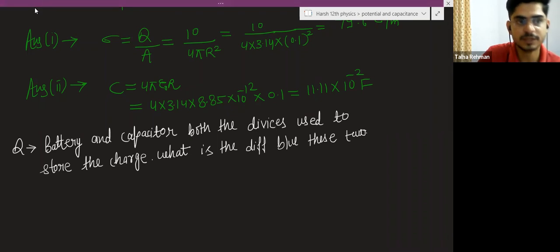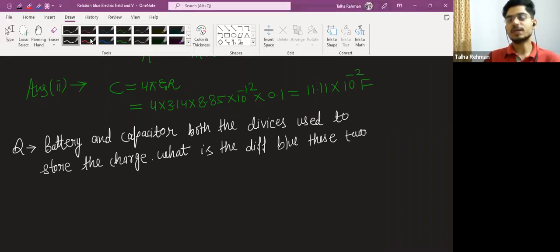The difference is that during the charging, both devices behave the same. There is no difference when you charge a battery or a capacitor with some power source. But the discharging of a capacitor and of a battery is very different. The battery discharges gradually, means slowly, like the battery of your phone.